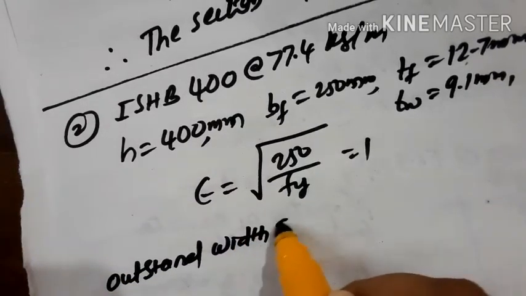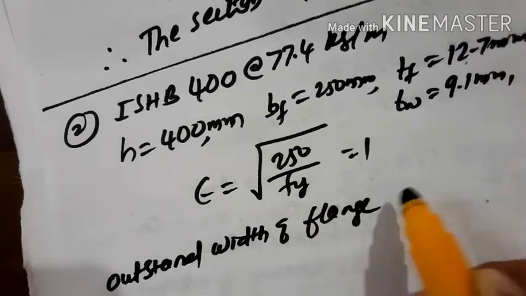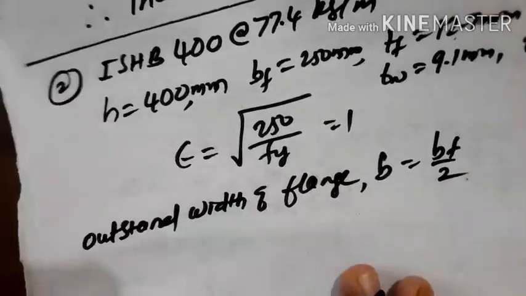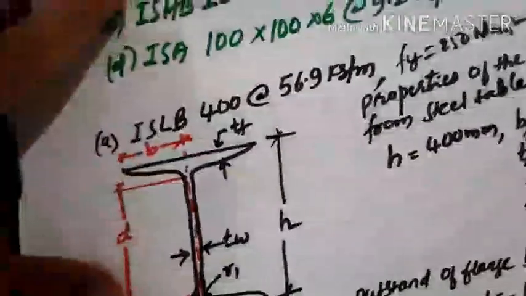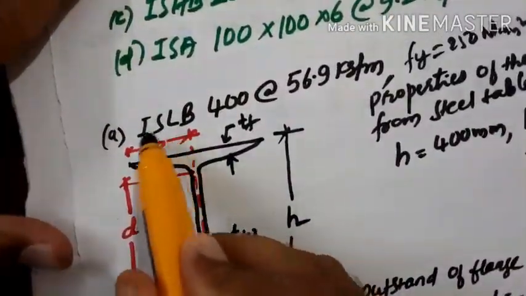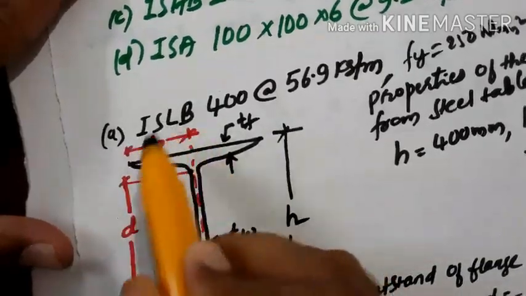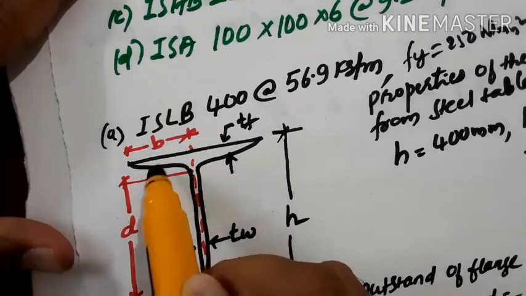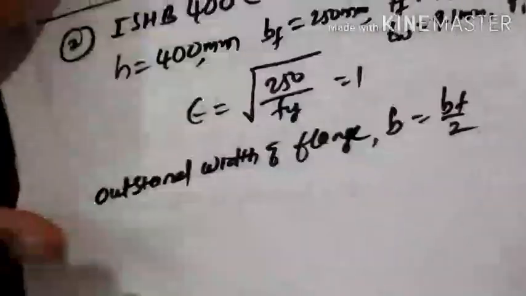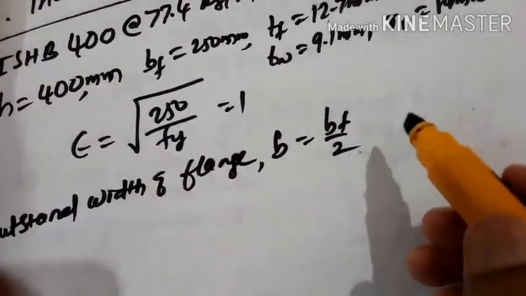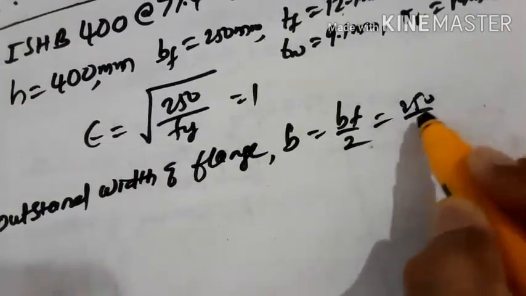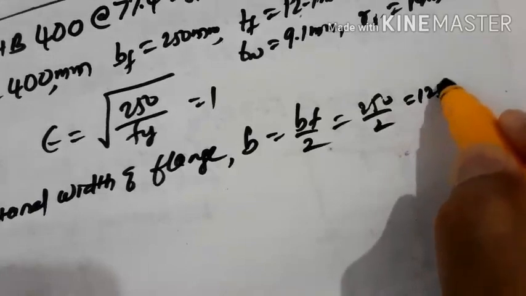Then calculate outstand width of flange, that is B equal to Bf by 2. This one, outstand width of flange. To classify the section, we need to take this outstand width of the flange, then the ratios. So outstand width of the flange Bf by 2, when you take 250 by 2, you'll get 125 mm.